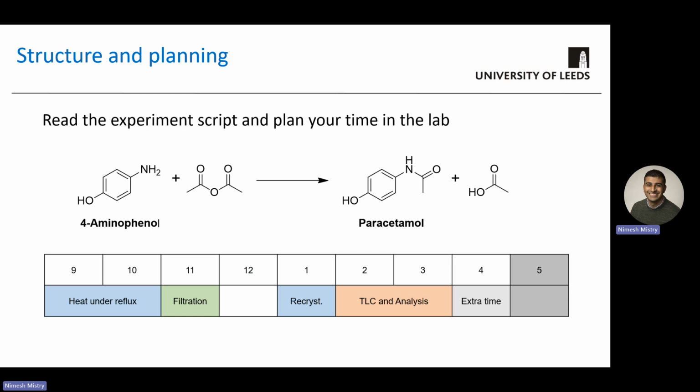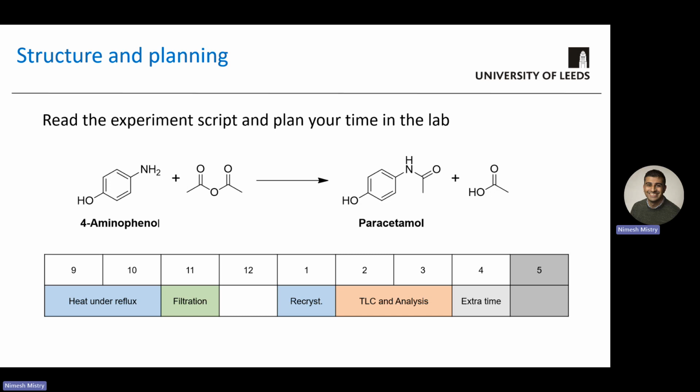So this is how the reaction should approximately plan out for your day. Do read the script to get a better idea of how long you think things will take for you based on your abilities. But roughly speaking, it should have this structure where the whole experiment can be completed comfortably within a full day.